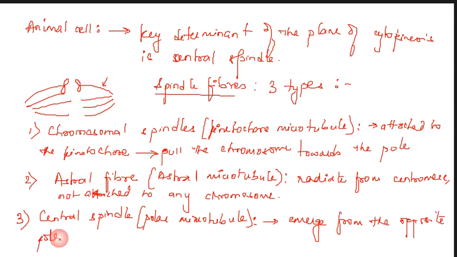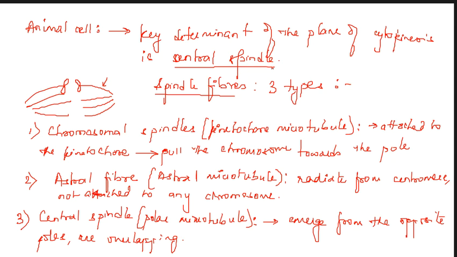These central spindles are the key determinant of the plane of cytokinesis in case of animal cells.